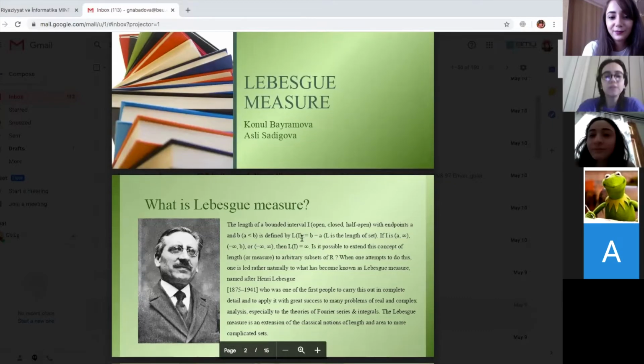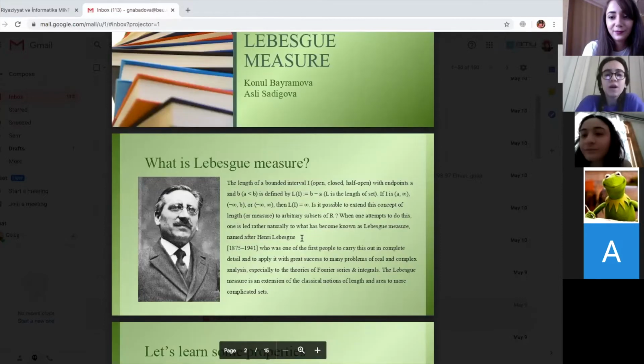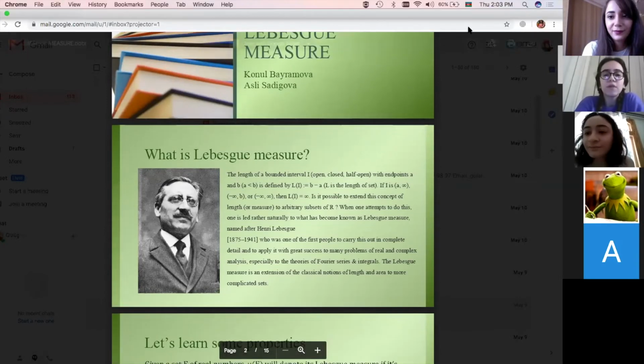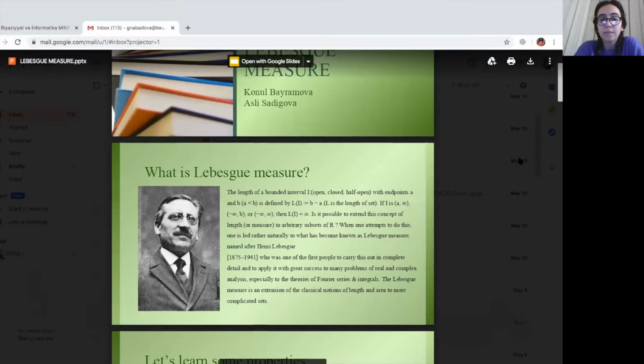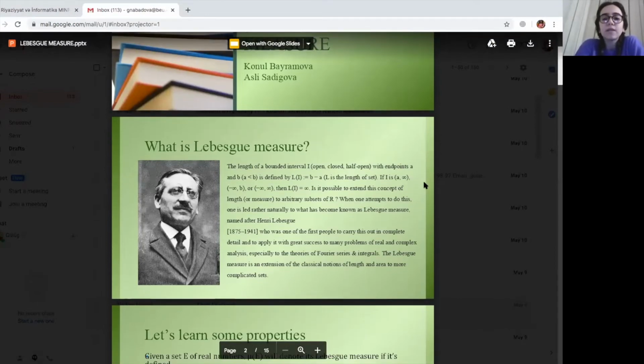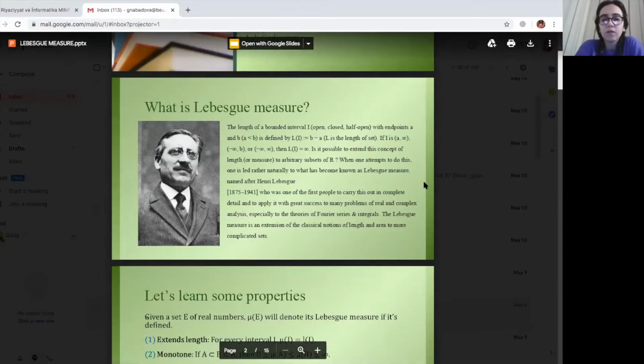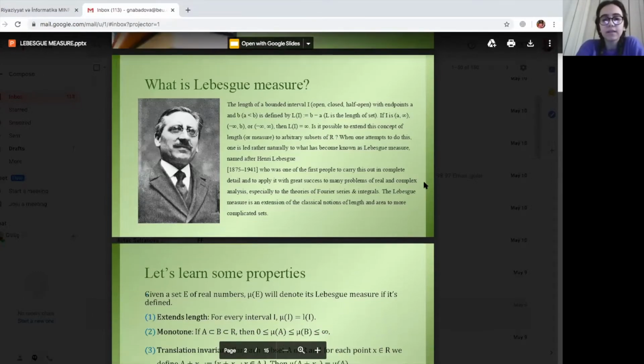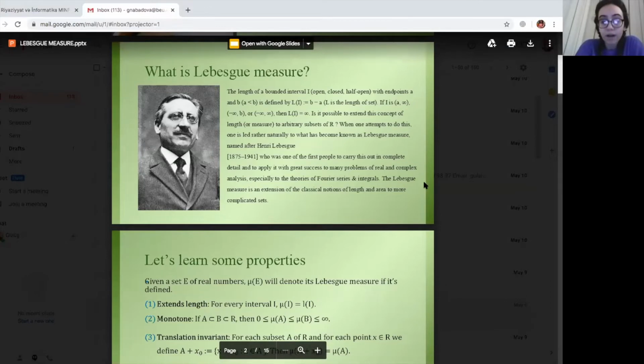Today our topic will be the Lebesgue measure. What is the Lebesgue measure? We know that the length of a bounded interval I with endpoints a and b, where a is less than b, is defined as b minus a.